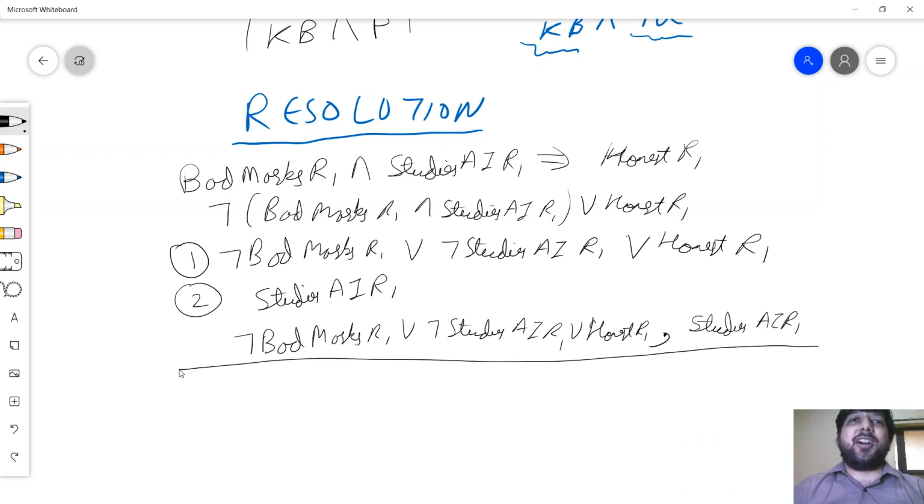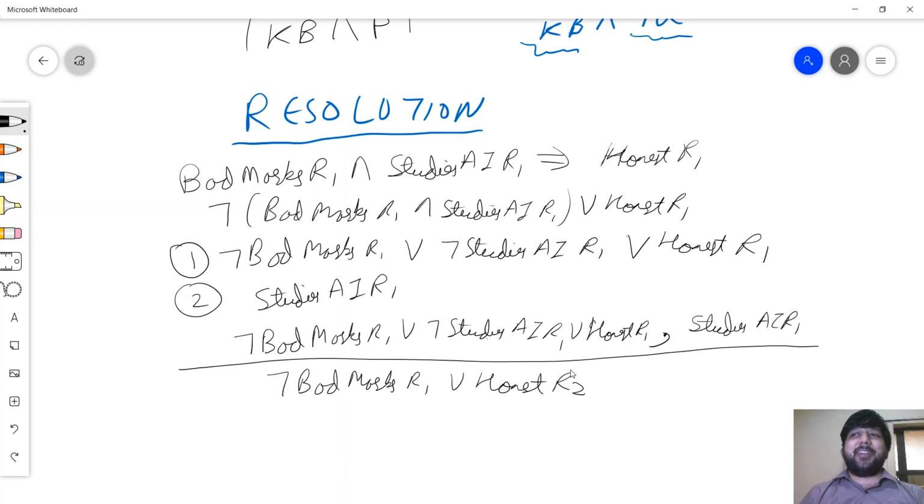Now what we resolve is the negatives cut: not studies AI R1 and studies AI R1 cut each other, so I'm left with not bad marks R1 or honest R1. Wonderful. That's the third thing that I know, a new fact.